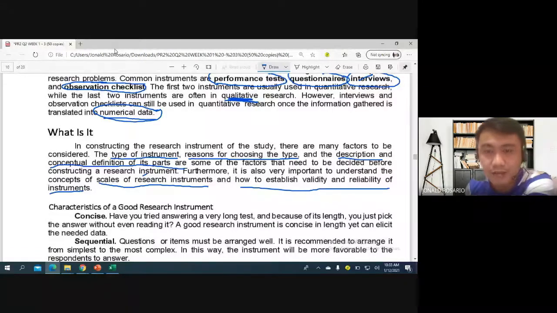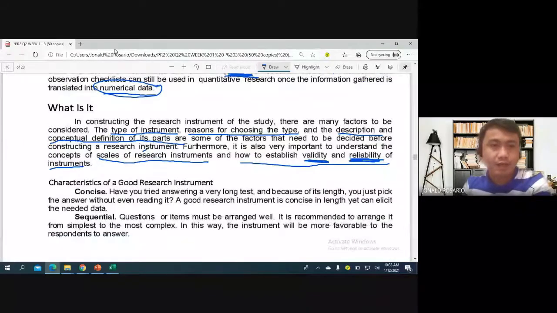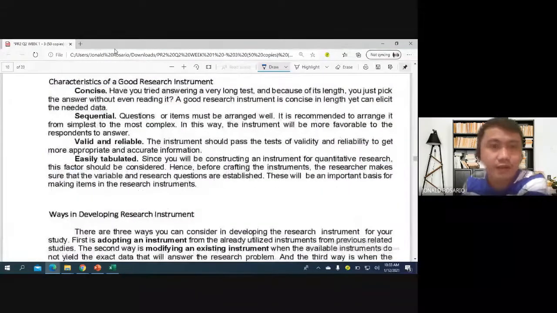Skills, of course, validity ng inyong instrument, tsaka reliability. So we have characteristics of a good research instrument. The first one, it must be concise, sequential, valid and reliable, and easily tabulated.